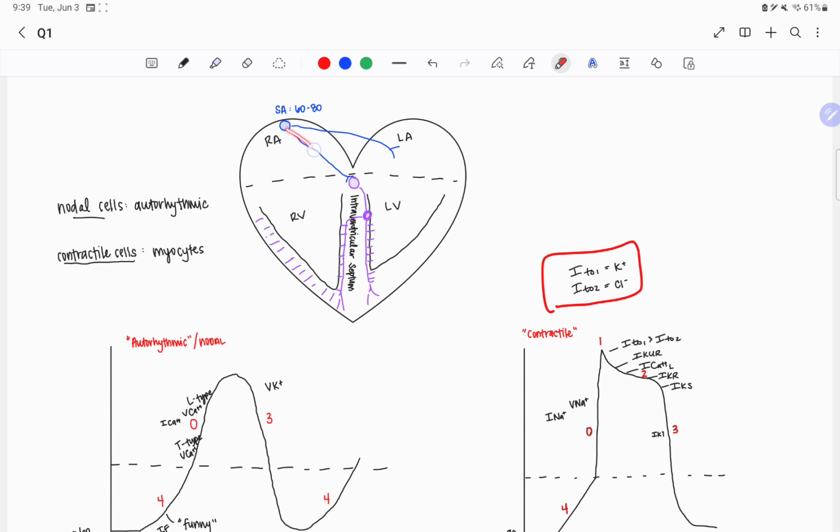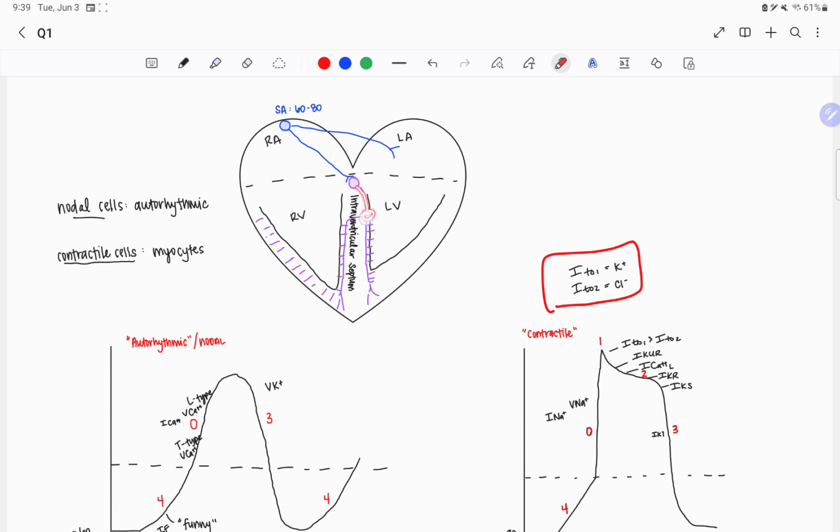And then the AV node kind of slows down the signal to contract right here, just for a little bit, so that both atria contract completely before the ventricles then contract. Okay, so that's why the AV node slows it down.